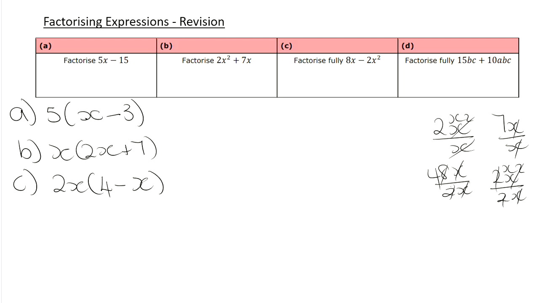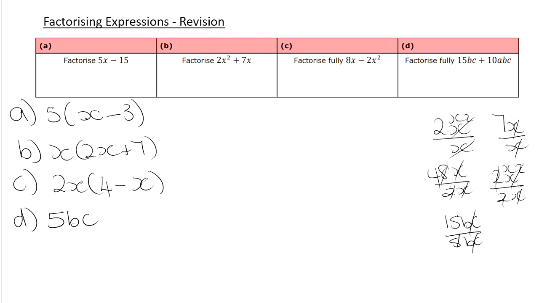So let's have a look at D. So factorise fully. Looking at the terms, we have 15 and 10. So the highest common factor would be 5. Then if we look at our letters here, we have BC and ABC. So B and C are common to both. So 15BC divided by 5BC, the BC's cancel.